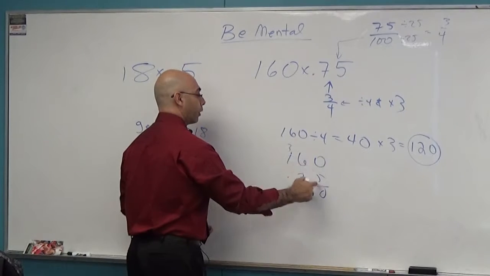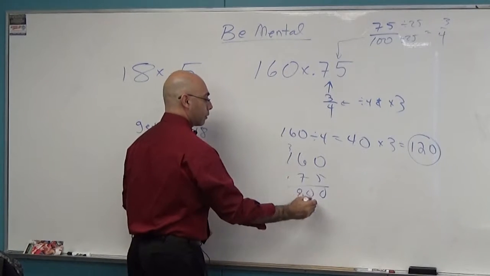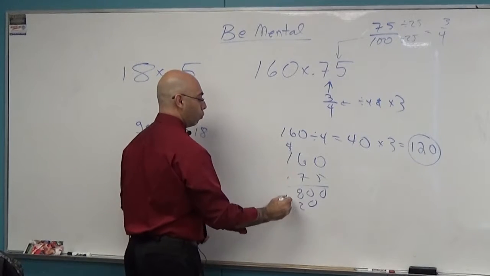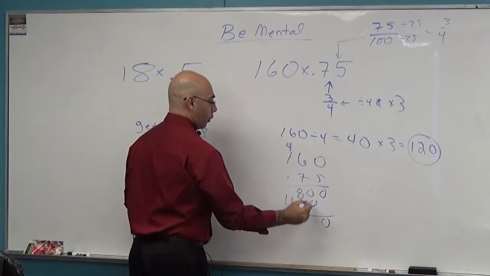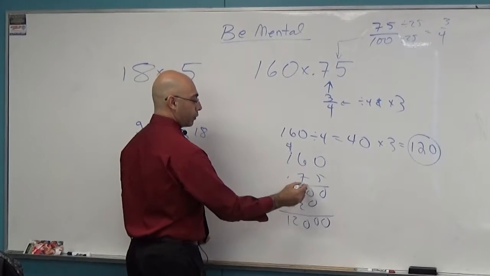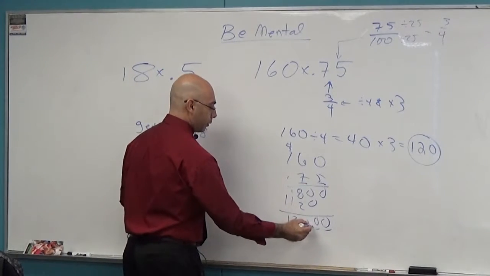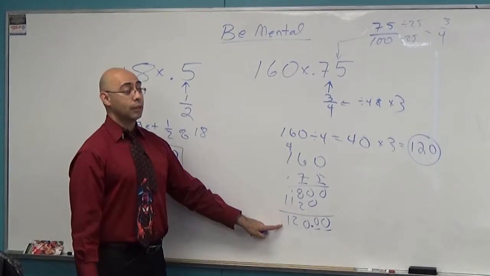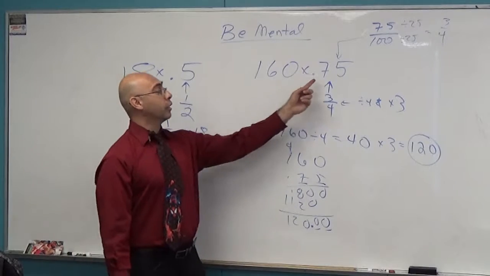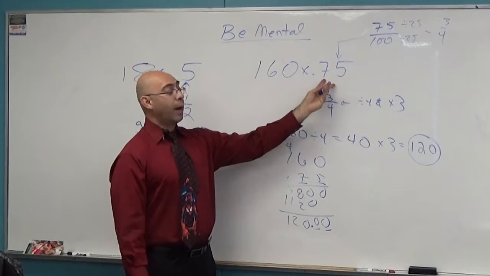Let's see, there's 2 decimal places in the problem, 2 decimal places in the answer, 120. You don't need to do that. You can do that, but it's not necessary when you can use what you've learned about 0.75.